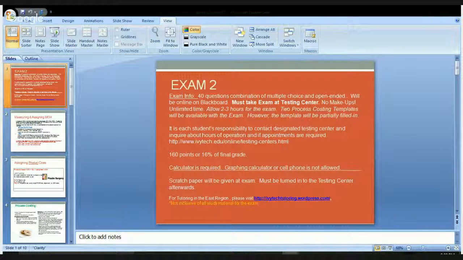Assigning overhead with normal costing is another one. Finding out how to do the predetermined overhead rate, you got to know that. Know how to assign overhead to each product, just like this problem here. That's pretty well a lot of it.